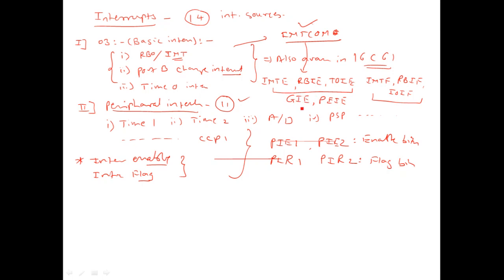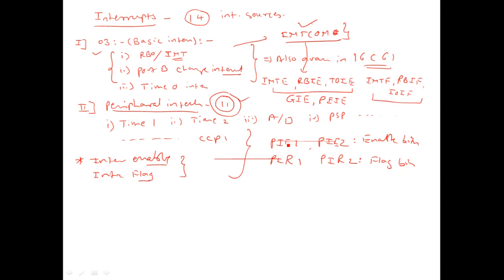But if you set this bit and reset the peripheral interrupt enable bit, then only peripheral interrupts will be disabled. That means when you reset this bit, only these interrupts will be disabled. These bits will remain enabled. So such 2 bits and these 6 bits, a total of 8 bits, are available in this interrupt control register.